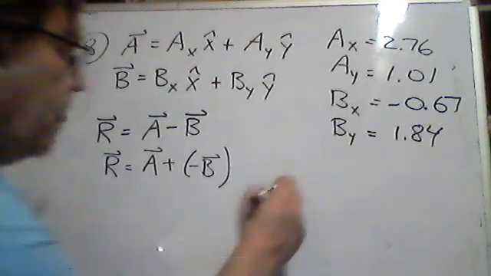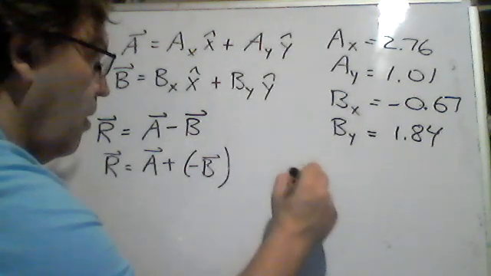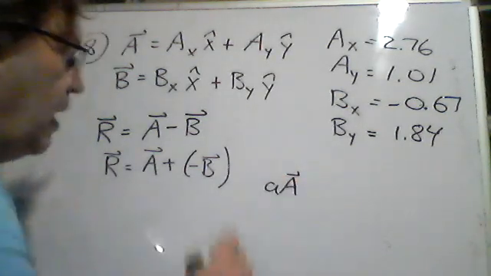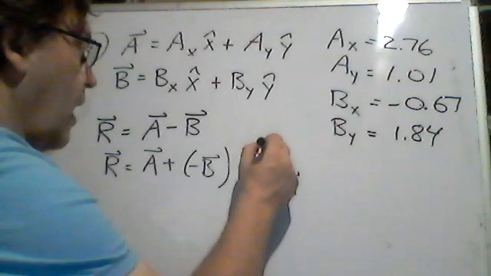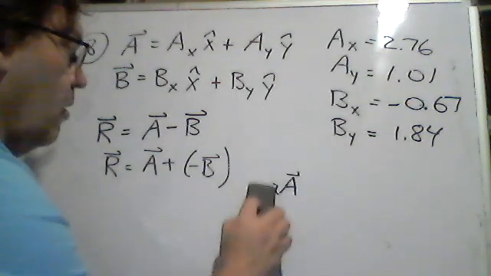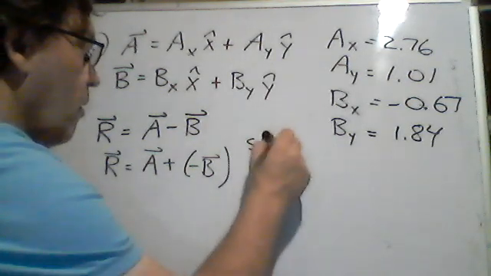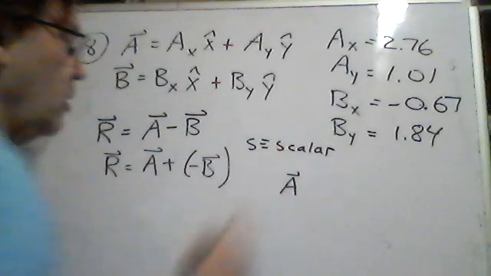Because remember, if I have a vector A, and I want to multiply by some scalar, S for scalar. So again, scalar, remember, is just a number.